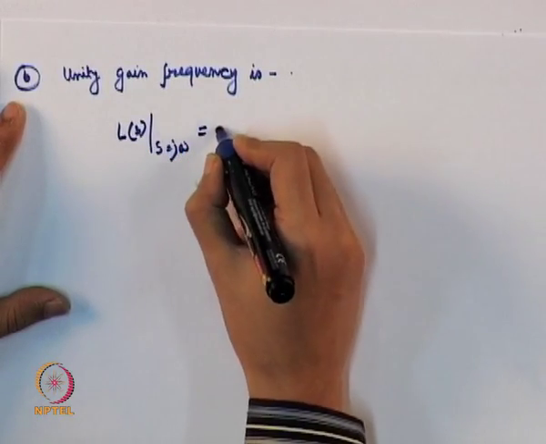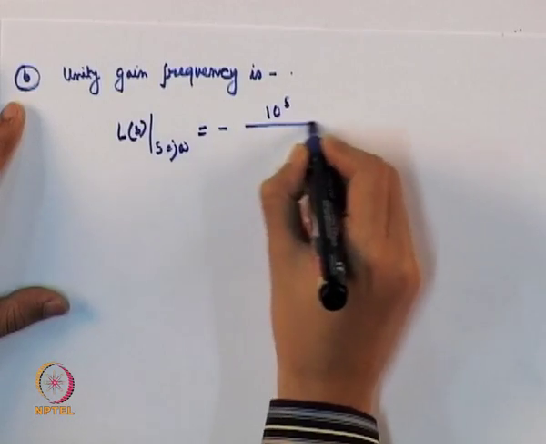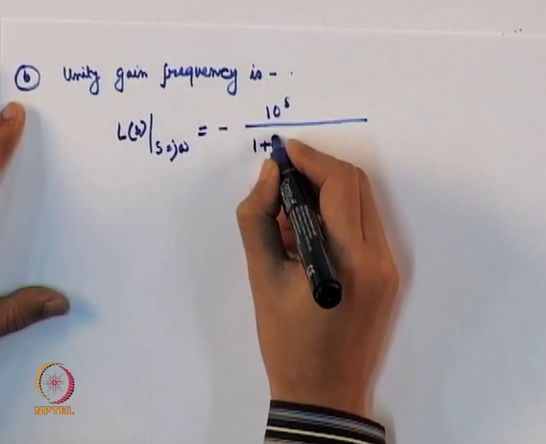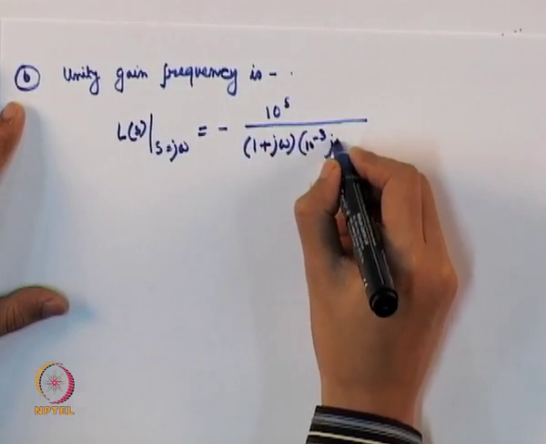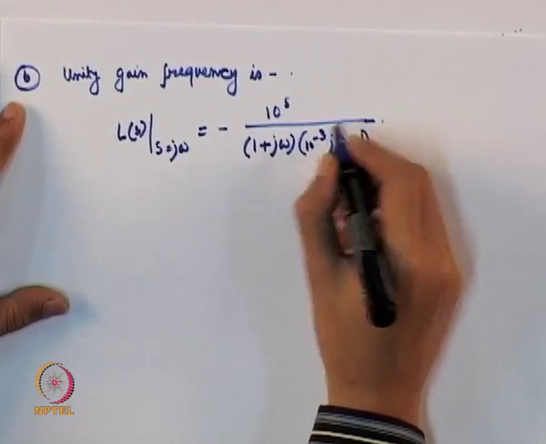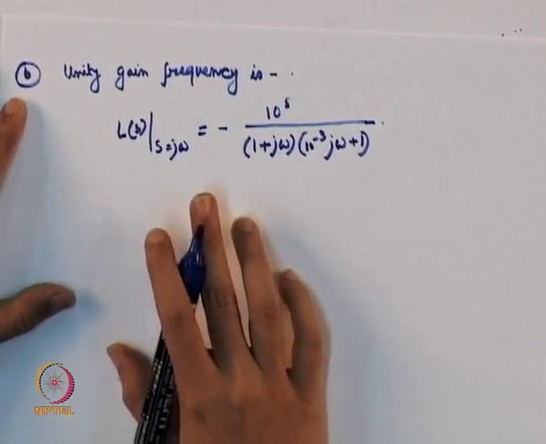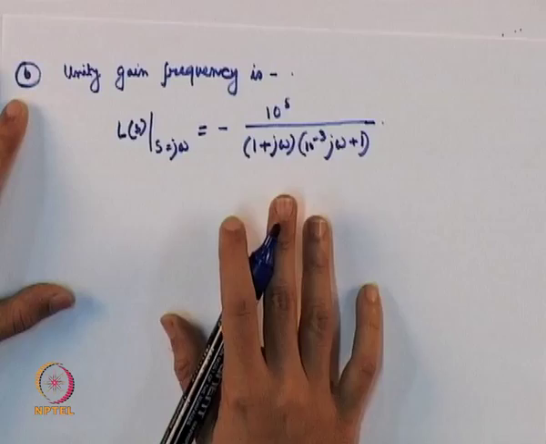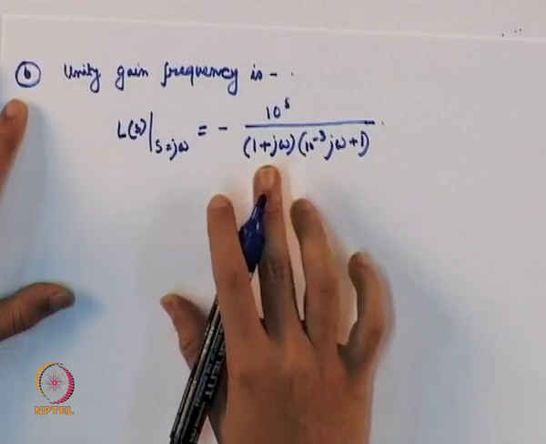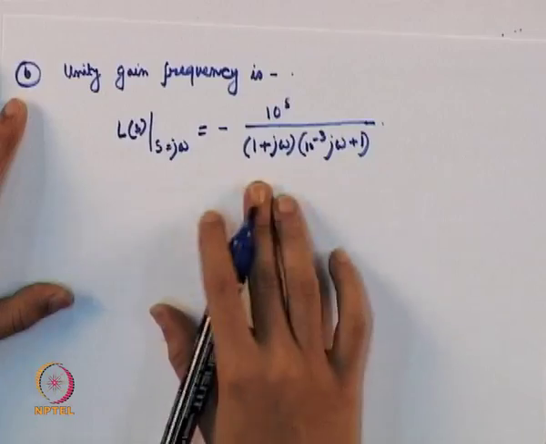So, minus 10 to the power 5 by (1 plus j omega)(10 to the power minus 3 j omega plus 1). We have just replaced S by j omega, because it is an AC excitation at a single frequency omega, and we are not having any decaying amplitude in the input.